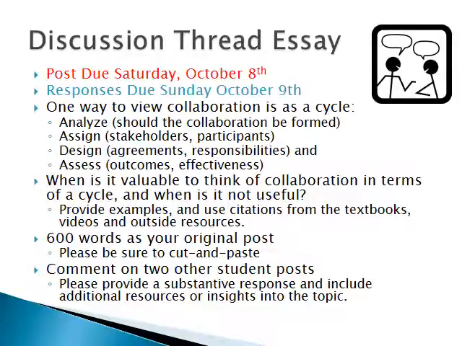So my question is, when is it valuable to think of collaboration in terms of a cycle, and when is this not useful? I'd like you to provide examples of where this analyze, assign, design, and assess approach is really good for these types of collaborations, and give an example, and maybe not so useful in these types of collaborations.